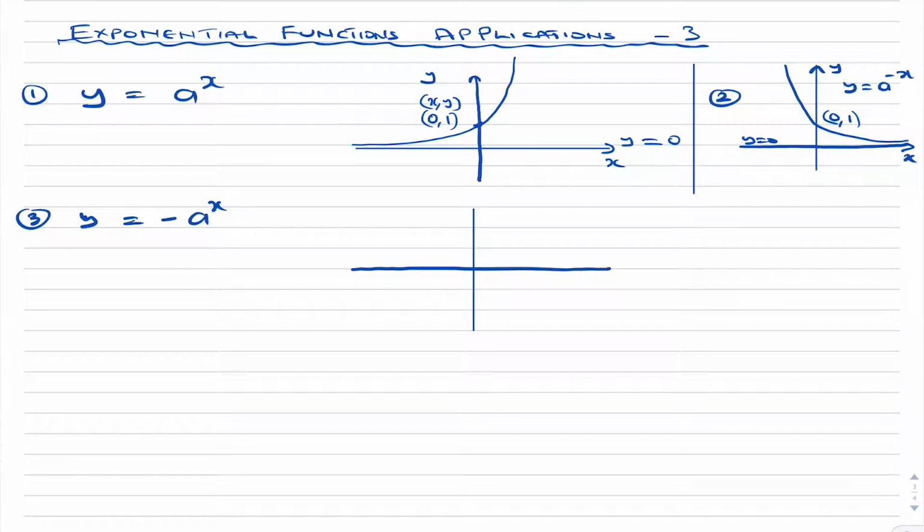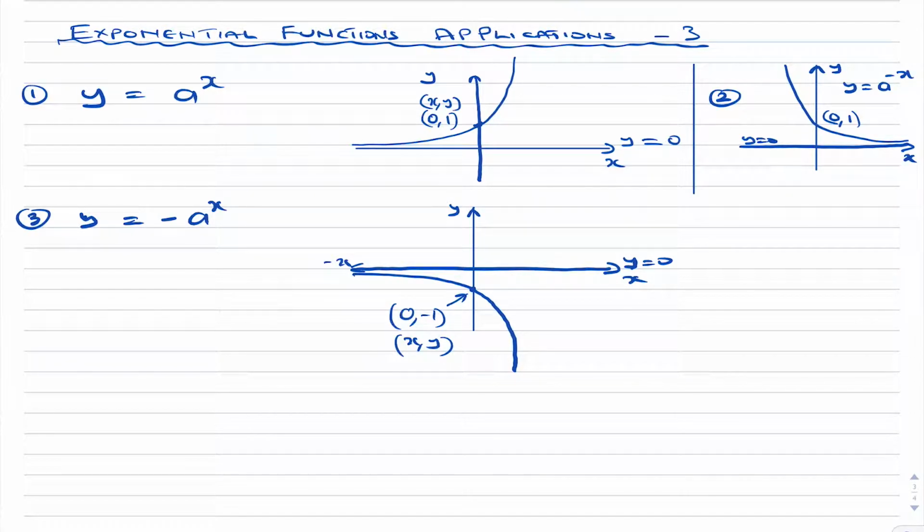So it's exactly the same thing, but reflected on the x-axis. So it will be approaching like that. Again, the coordinate here will be 0, minus 1, that will be your x, y. That's your y equals 0, that's your x-axis. So that's what that looked like.